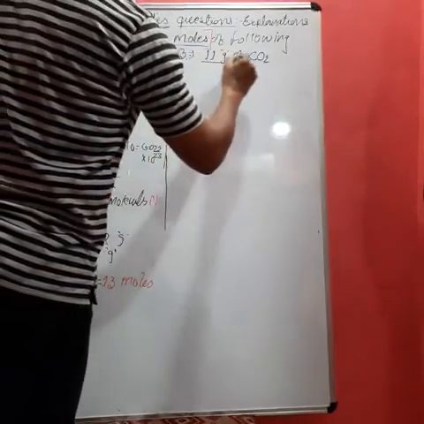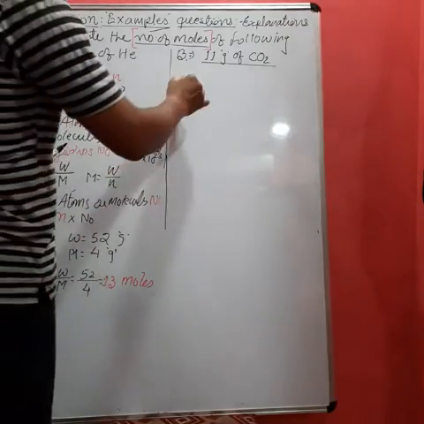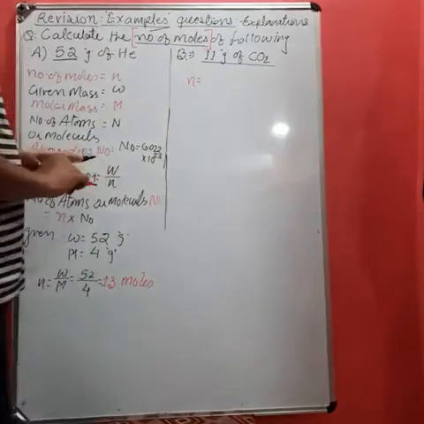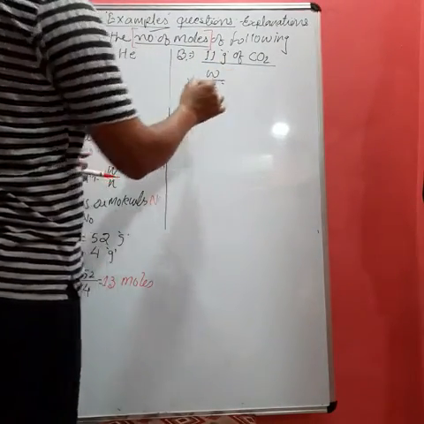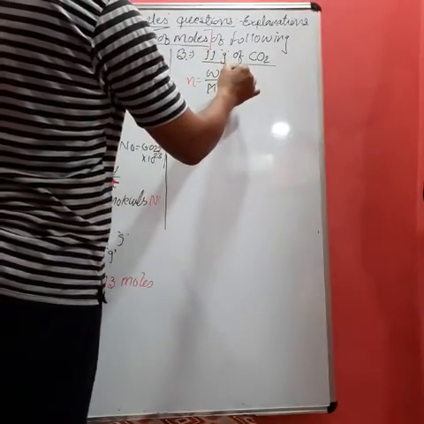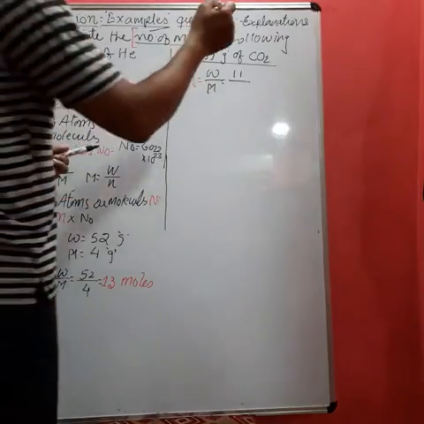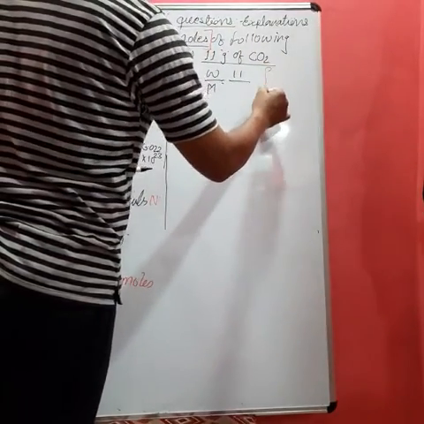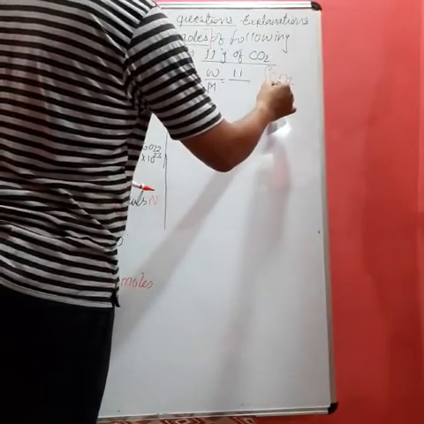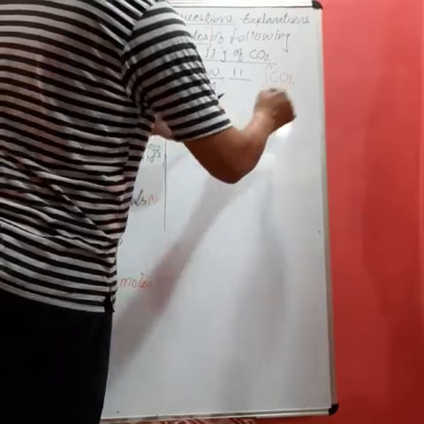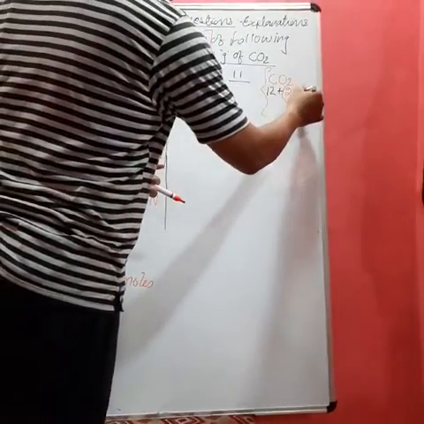Like 11 gram of CO2. Okay, now I am not describing all these things again and again. Simply I am writing number of moles is equal to W upon M. W is 11 gram. So write here 11 divided by its molar mass. To find the molar mass of CO2, C mass is 12 plus the total number of atoms of oxygen is 2 and each one has mass 16.